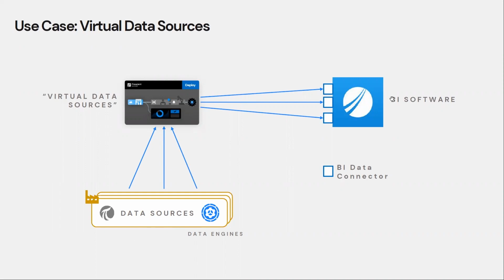So that way you can collect the data you need from the data sources through this architecture. It's very efficient. It's as if the BI software has access to all the data sources in the same network configuration. So this is also very powerful and very useful.